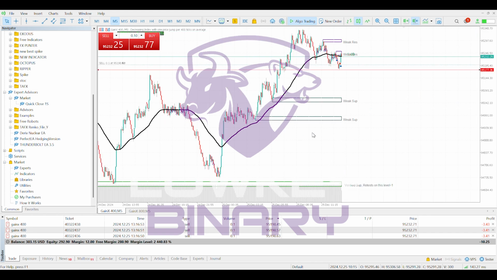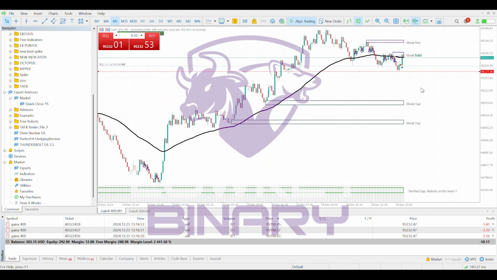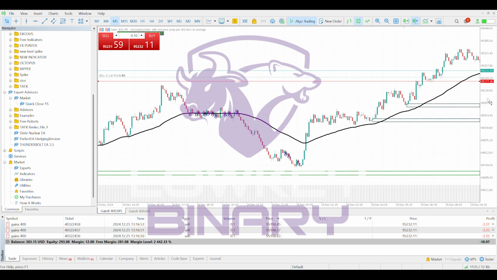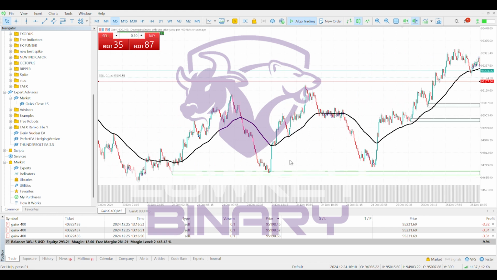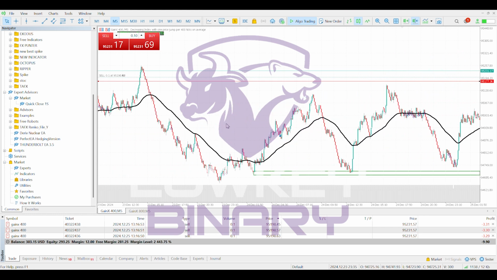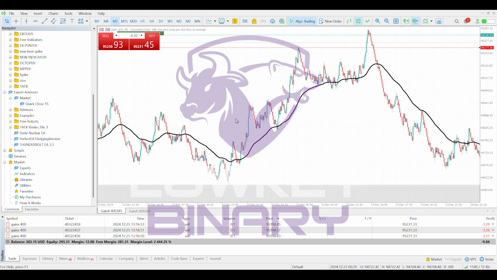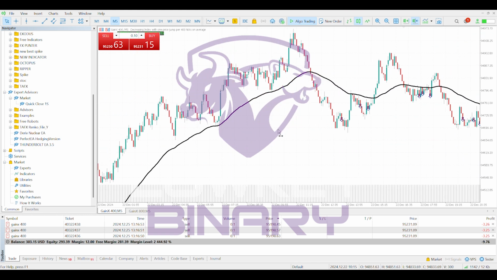So in order for you to make consistent profit using this indicator, this is what I would advise you to do. That is why I said you don't just take any trade. When you see that the arrow pops up, let's assume the arrow pops up. Let me look for, let's say, this area now.